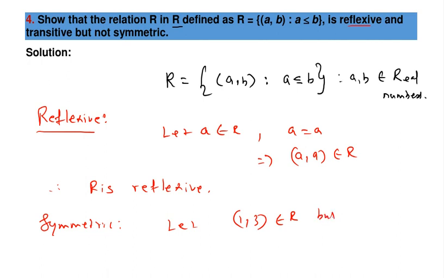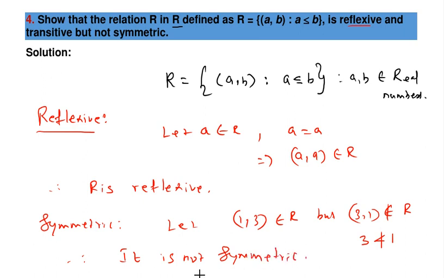But (3, 1) does not belong to R, because 3 is not less than 1, and therefore it is not symmetric. It is not symmetric. But we have to show that the same relation is transitive.